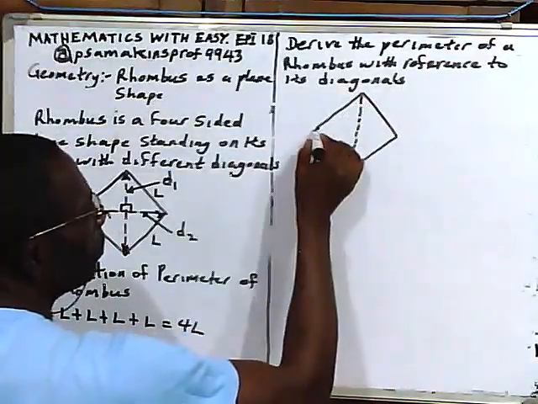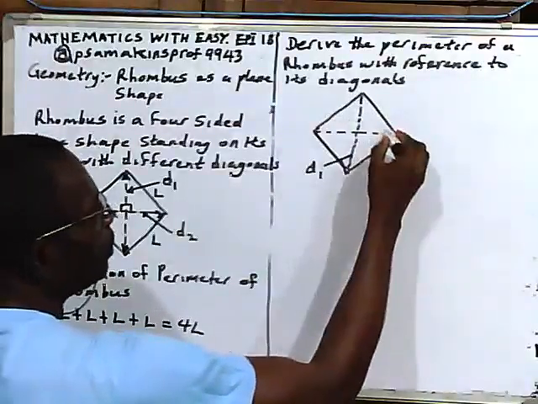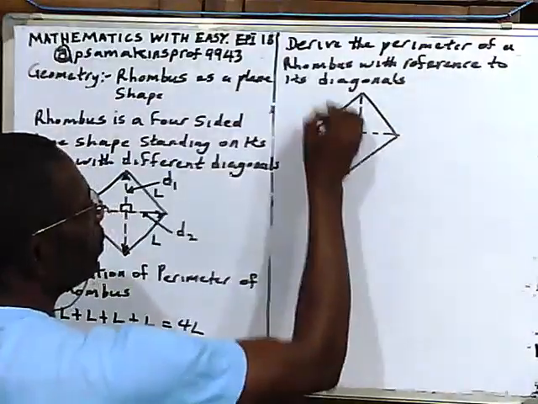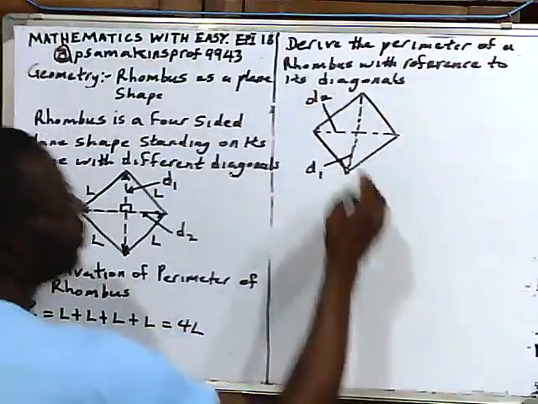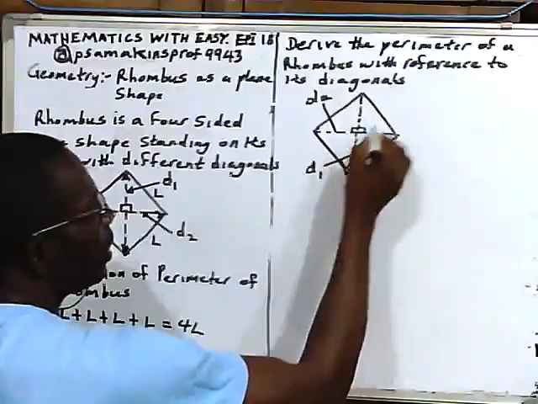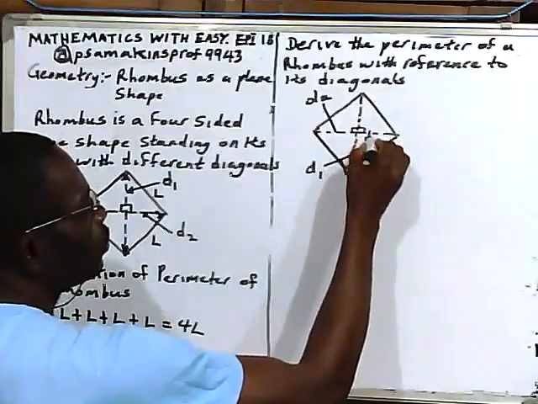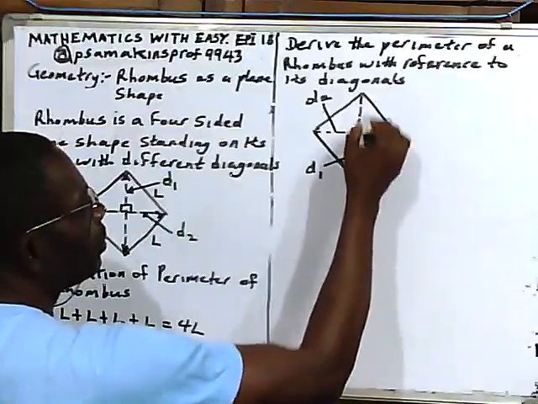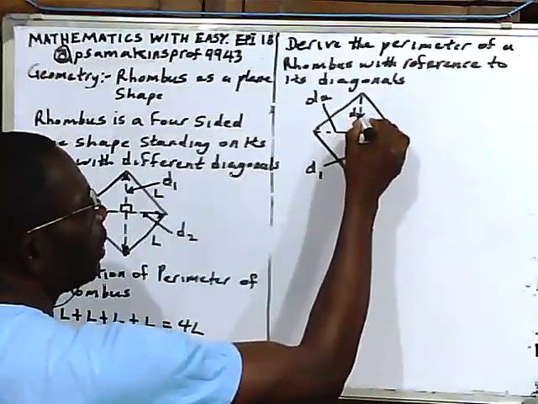D1. From here to here is D2. So now, if this one is half of it, that means we have D2 over 2, while this place will be D1 over 2.